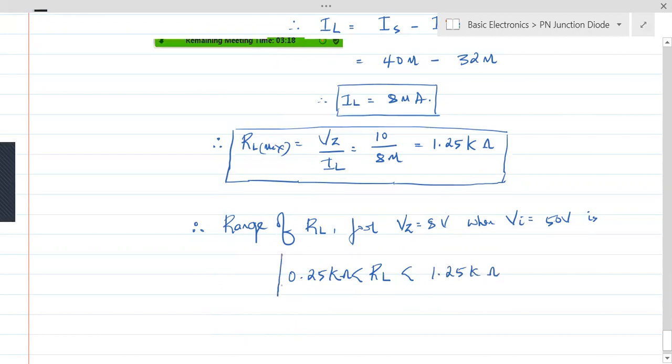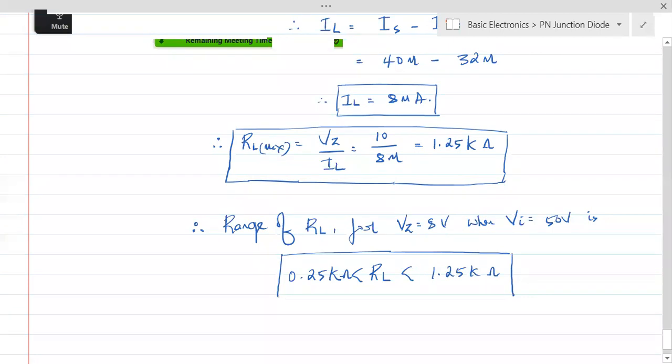So any RL within this range would give you VZ equal to 8 volts when VI is 50 volts for the given circuit.